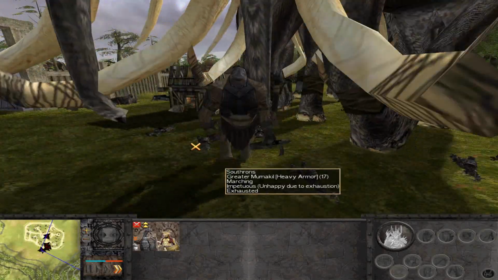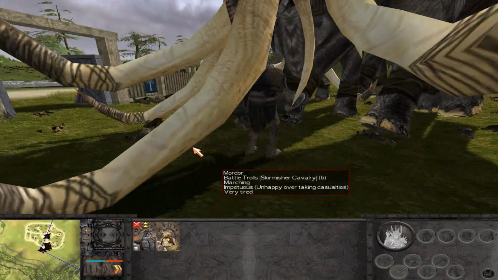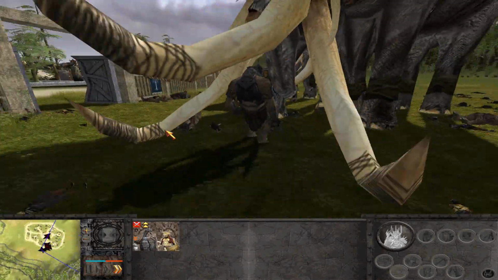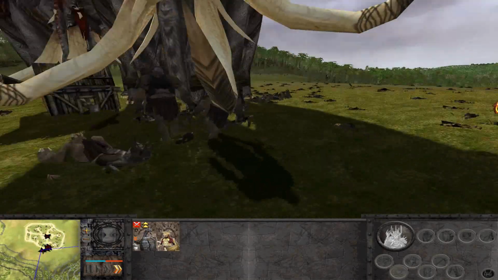Only 3 trolls left now. I believe they will die. We'll see. Time for them to die.